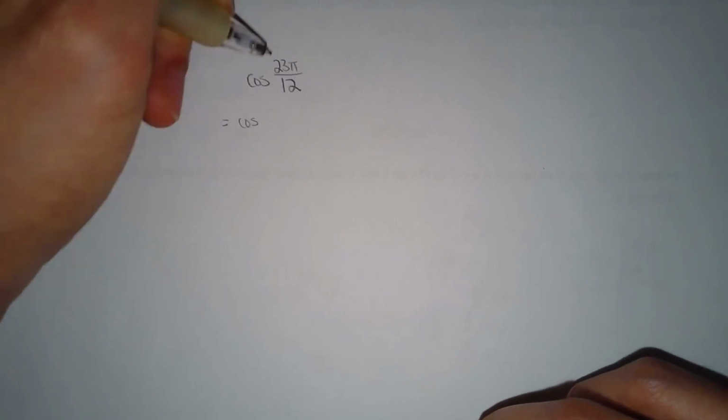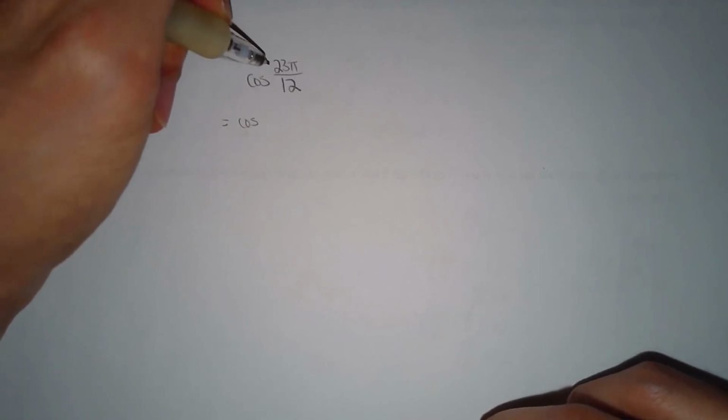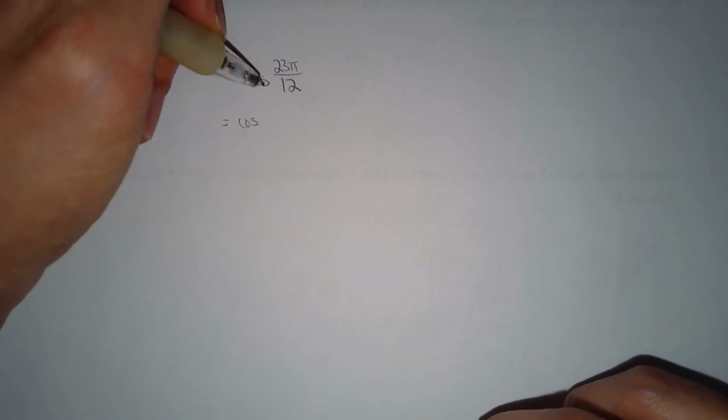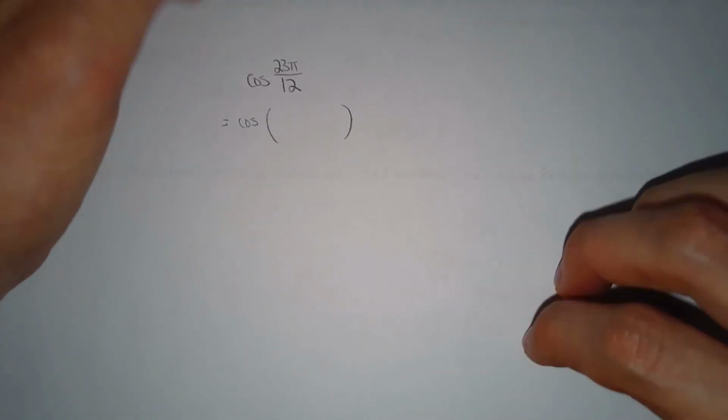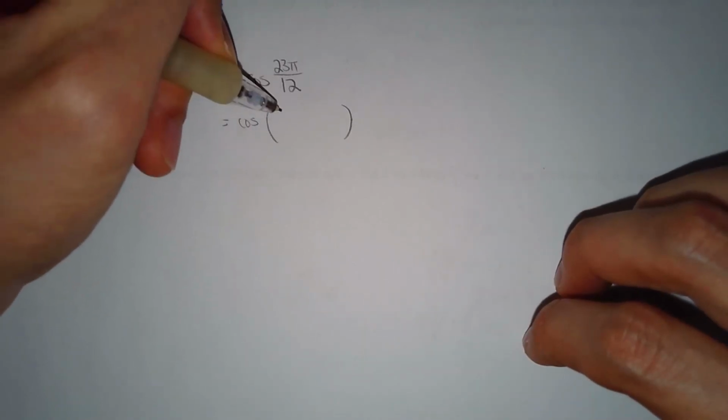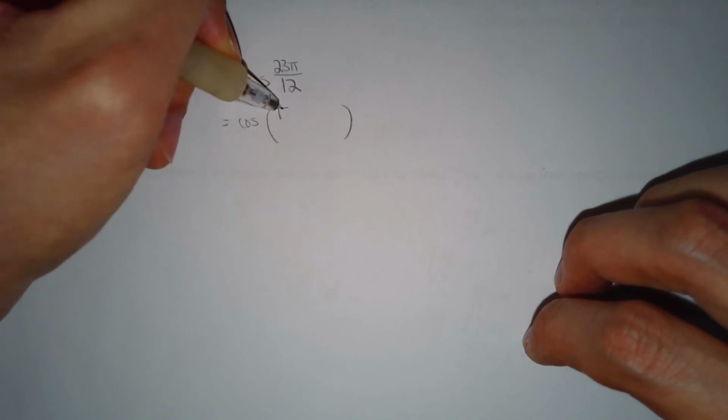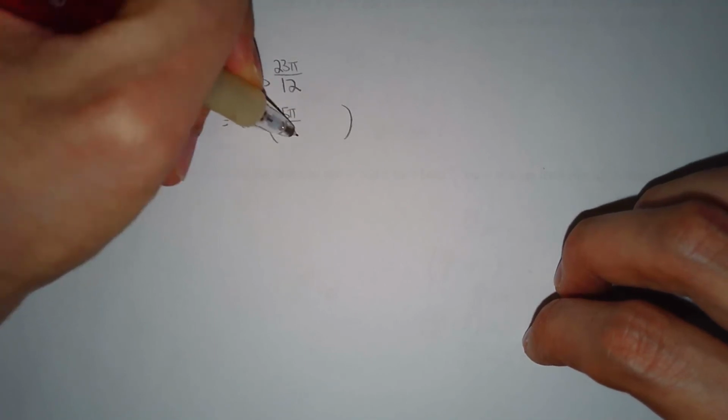To me, the hardest part if you don't use equivalent trig expressions is to break up this angle, 23 pi over 12. You have to be very careful. There are a lot of good ways to do it, but let's see. 15 and 8. Yep, 15 and 8 would be a great idea.